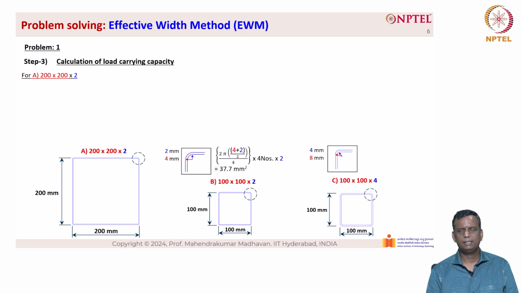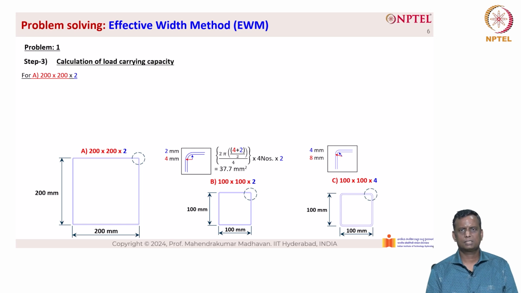So we are taking the circumference of the circle, which is 2 pi r. Here r is the mean radius: the outer radius is 4, the inner radius is 2. So (4 plus 2)/2 is equal to 3, which is the mean radius. We are taking 1 quadrant of the full circle, which is 1 by 4, so we take the mean circumference divided by 4, which gives you 1 quadrant.